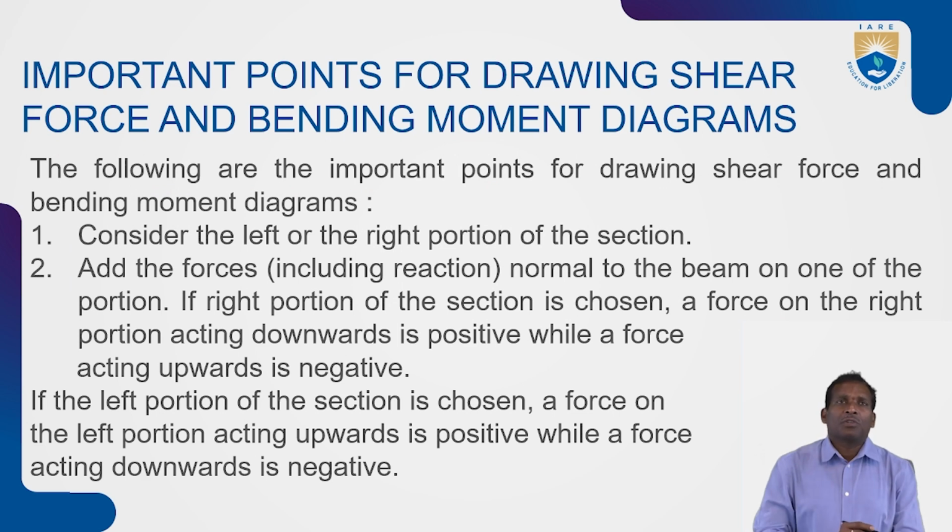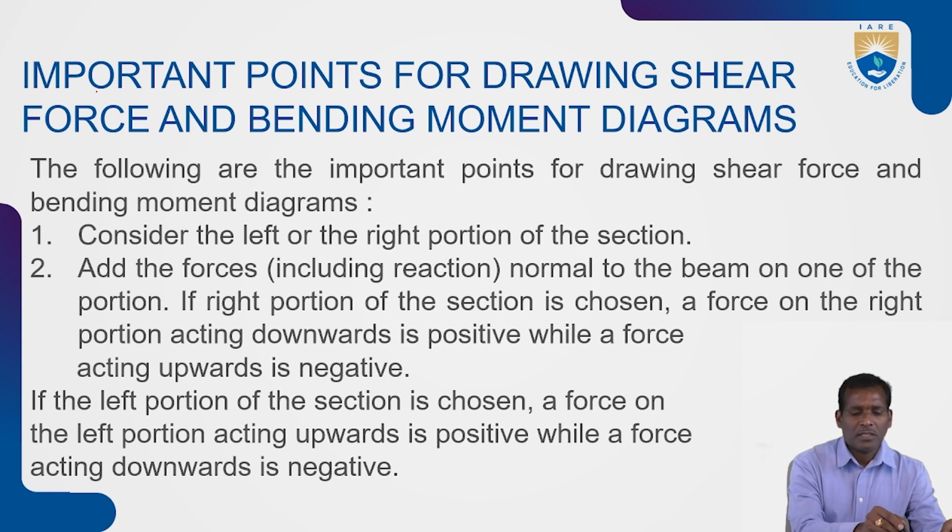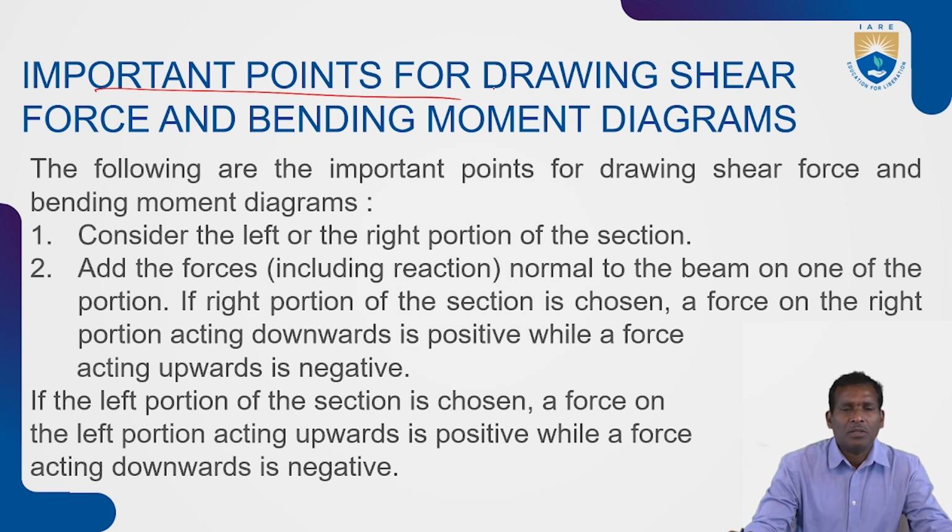We are discussing all those things towards CO2 achievement. The important points for drawing shear force and bending moment diagrams you have seen in previous sessions, but before drawing them for every beam, you should follow some rules. One is to consider the left or the right portion of the section.